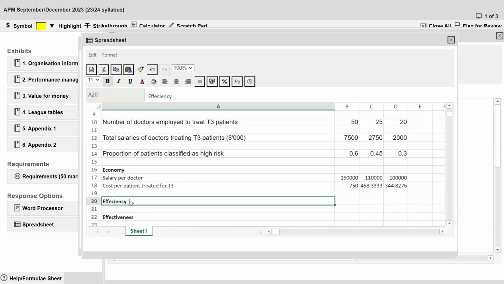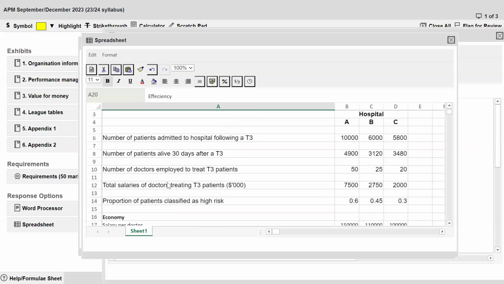Now efficiency is what? Efficiency is how quickly or how well you are performing a task. So number of patients admitted, number of patients alive, number of doctors employed to treat the patients.